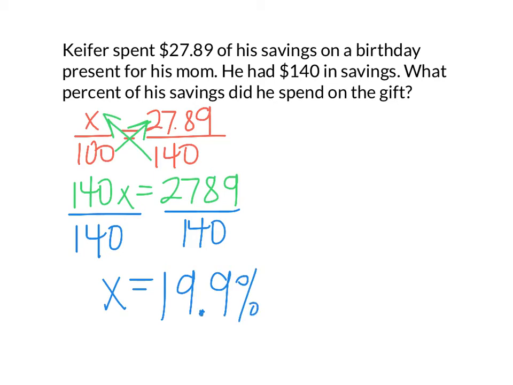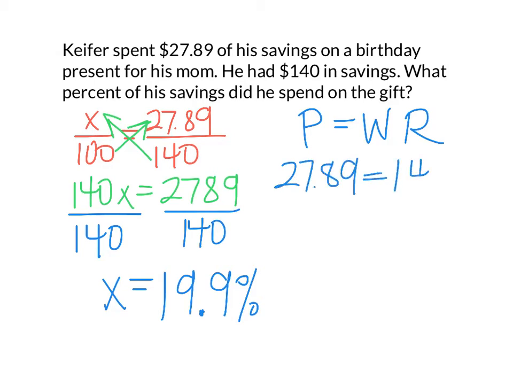Now if we do this as a percent equation, remember part equals whole times rate. I think of it as power. When we use the percent equation, we get to use power. The part again is 27.89. The whole was 140. And the rate we don't know, so we keep it as a variable. So we divide both sides by 140 in order to isolate the variable.